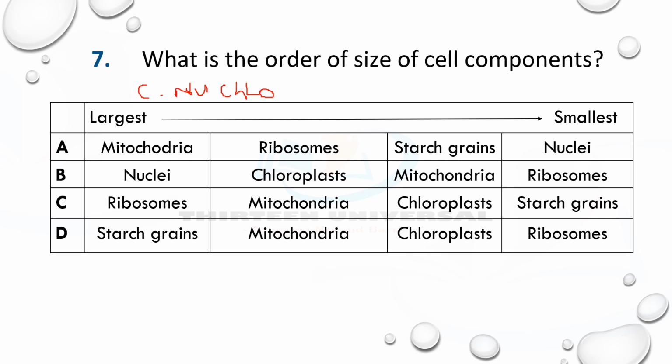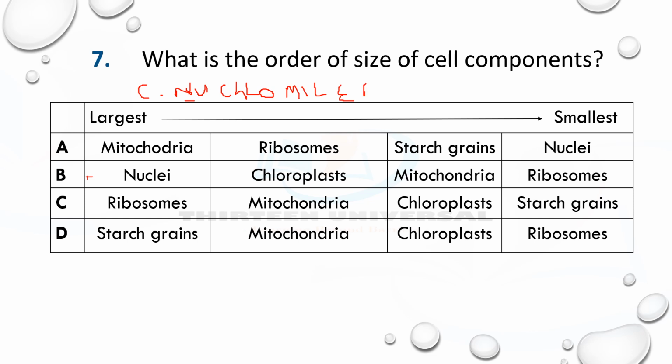Now, of course, cellulose is not featured here. It's the heaviest, but the largest is nucleus. So we'll check the option that has nucleus, and that's B. After nucleus we have chloroplast. Then we have my, which is mitochondria, and L is lysosome. E is rough endoplasmic reticulum.